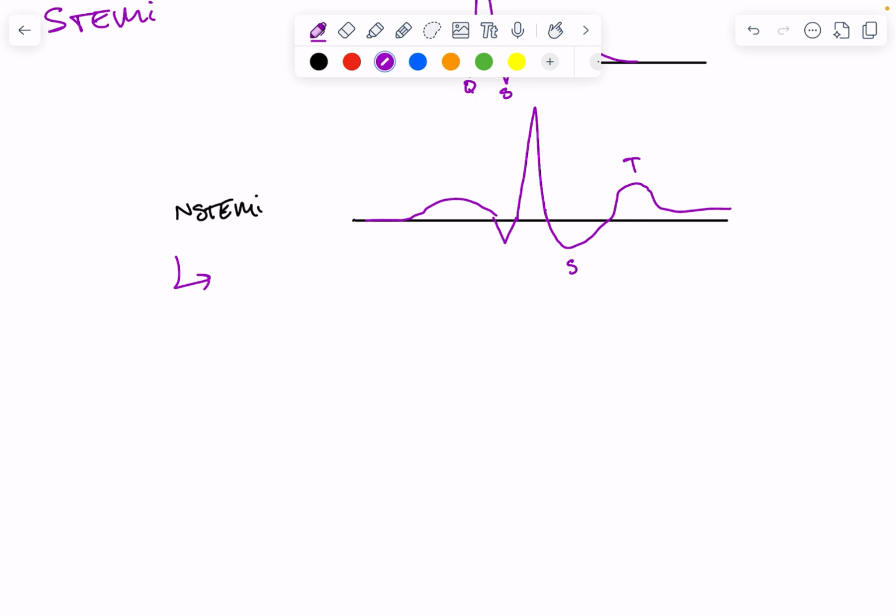is because all of the cells in the ventricle are depolarized, and so the cells are negative on the outward surface, in the myocardium.